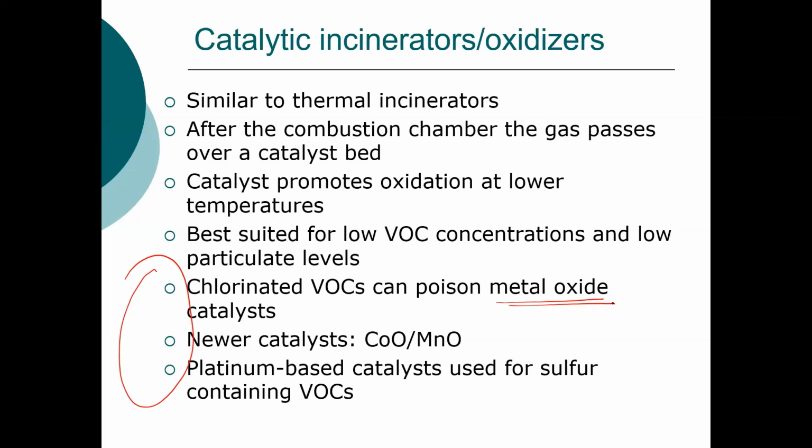Newer catalysts, cobalt oxide, combinations of cobalt oxides, manganese oxides, tend to be more tolerant towards the chlorinated VOCs so that they don't become poisoned. And then there's platinum-based catalysts that can be used for sulfur-containing VOCs. This poisoning is a significant problem with catalytic incineration.